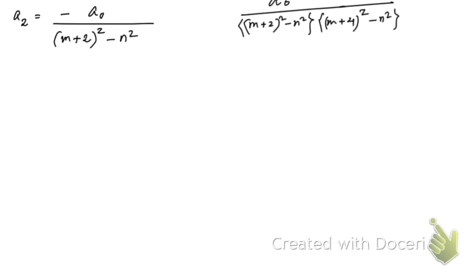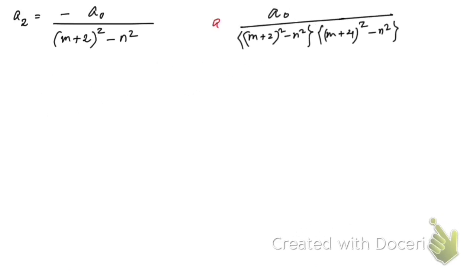This term is a4. So what will a6 be? If you see the pattern, a2 we got as negative, then a4 becomes positive, then a6 again will be negative, times a0.